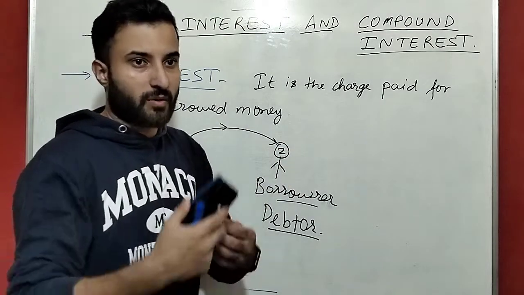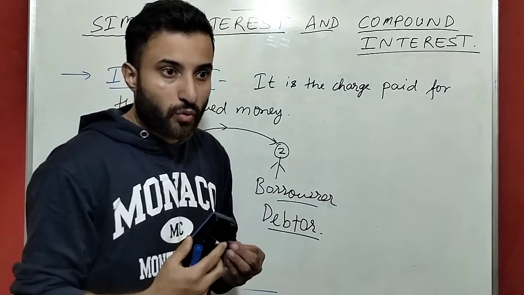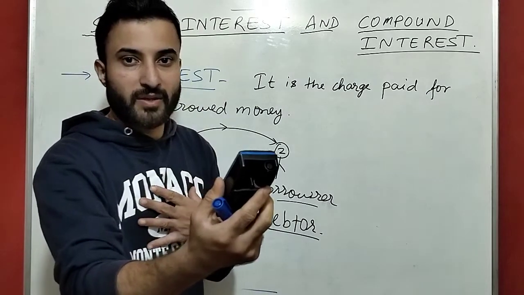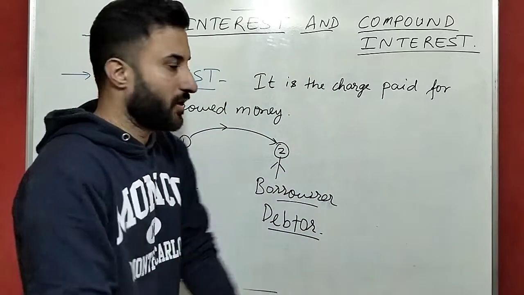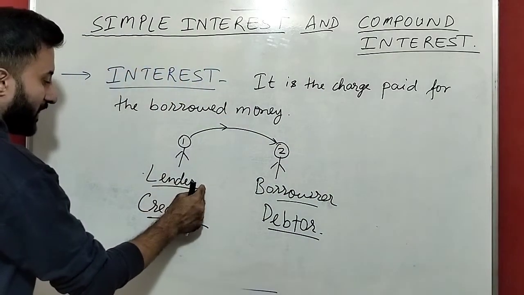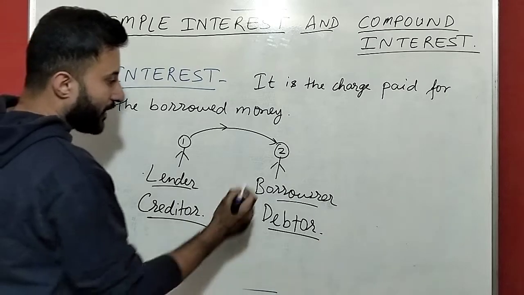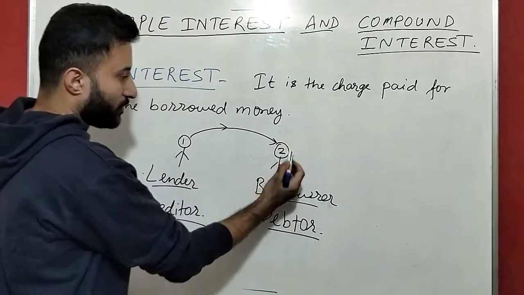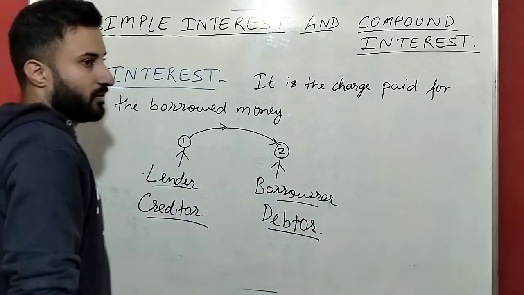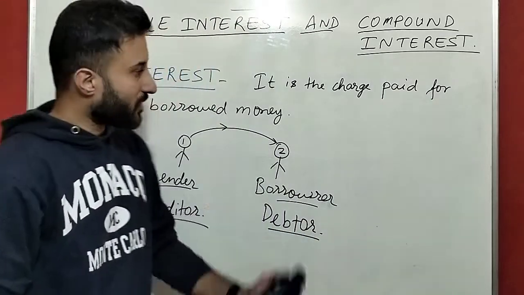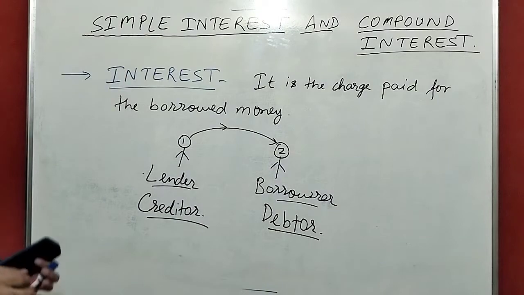Suppose I am giving money to one person, then I will be the lender or the creditor, because I am giving the money. And the person who is taking the money will be the borrower or debtor. Okay. Pause this video and copy it down.